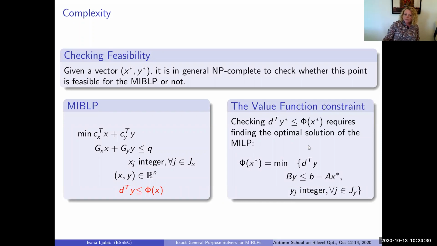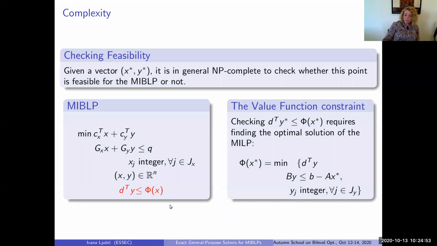So simply evaluating phi of x, evaluating the value function for the given x, requires solving an MILP, and therefore, because solving this MILP is strongly NP-hard, checking the feasibility is NP-hard as well.